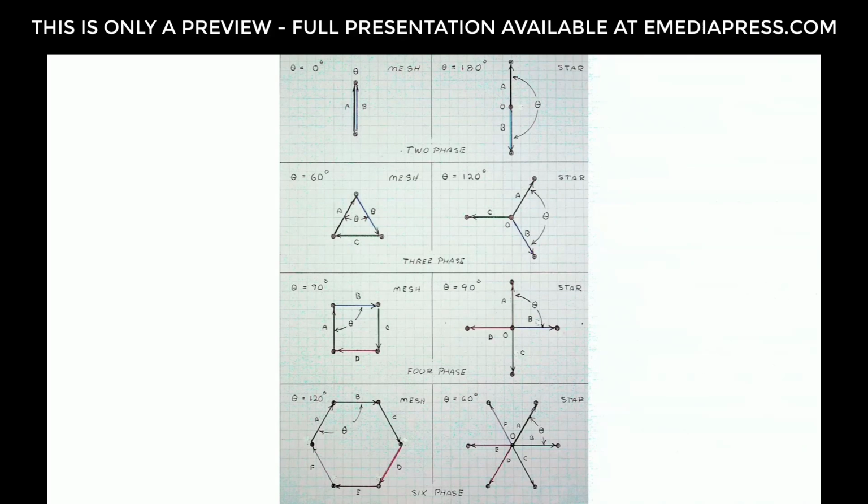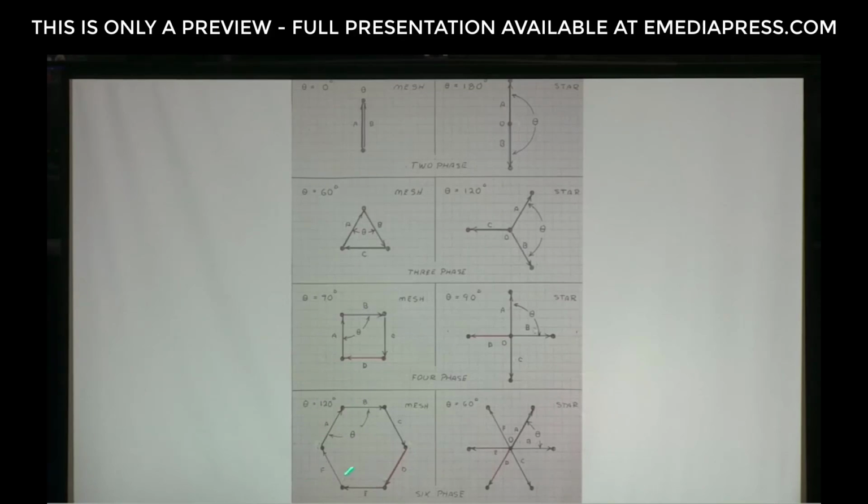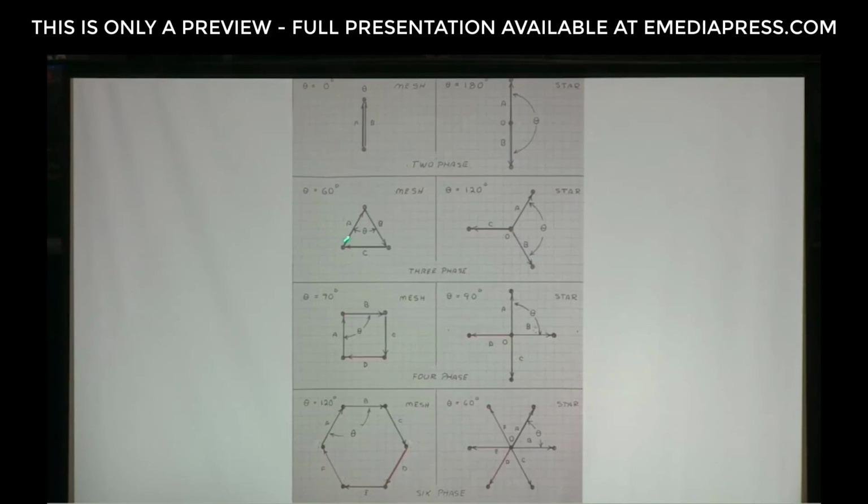So the mesh system tends to be a closed system. As you can see, it encloses a boundary, where the star system is an open system. And what's interesting is it takes a little meditation, which we don't have time for now, but if you meditate on this, you'll start to see the interesting complementary symmetry relationships between mesh and star, or in this case, what we refer to as delta and Y.